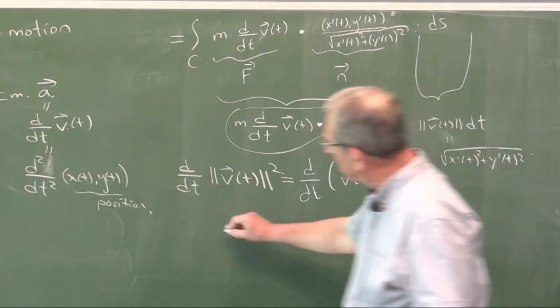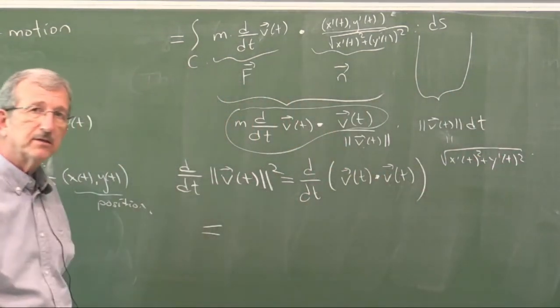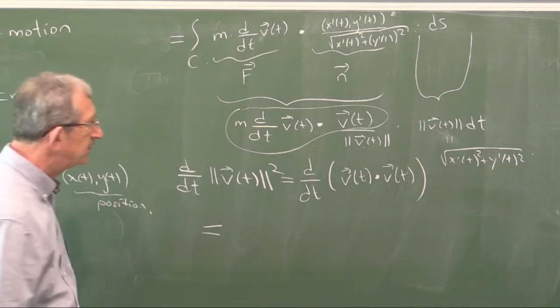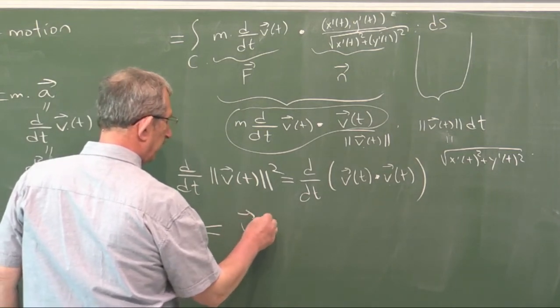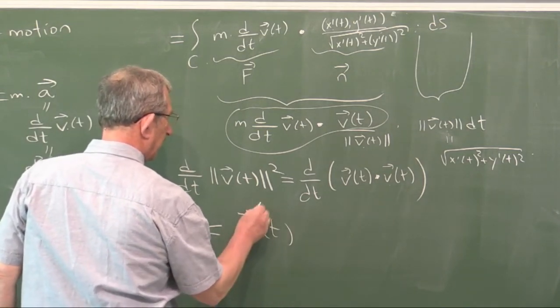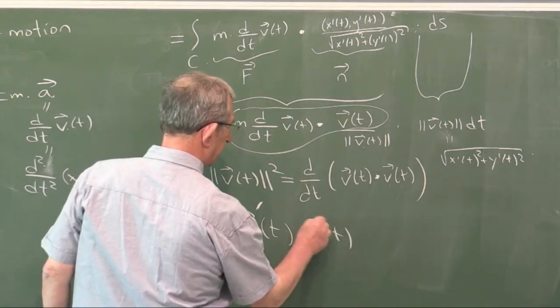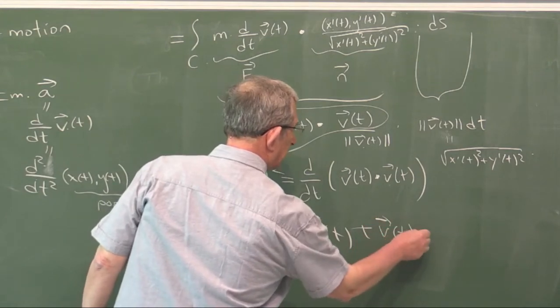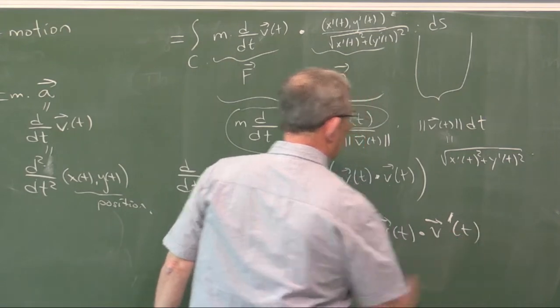Now, we remark that the dot product obeys the derivative rule for products, and so it's the derivative of v dot v of t plus v of t dot the derivative of v.